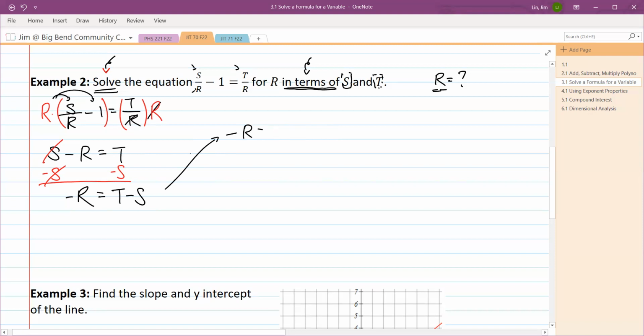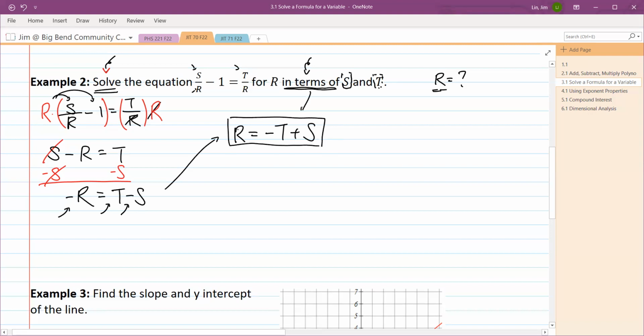So if I flip the negative sign and the positive sign in order, then we will have positive r equals negative t plus s. The sign in front of the t, if there's no negative sign given, is essentially positive. So that's why we can flip the sign in this way. r equals negative t plus s.